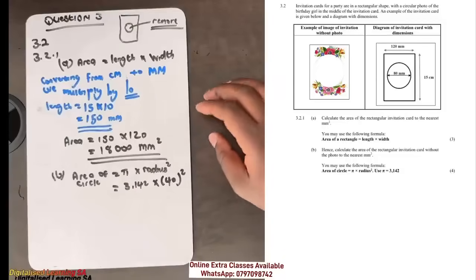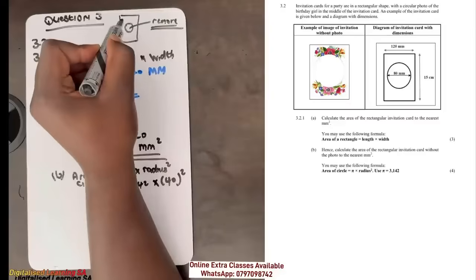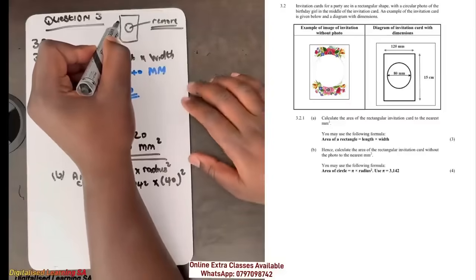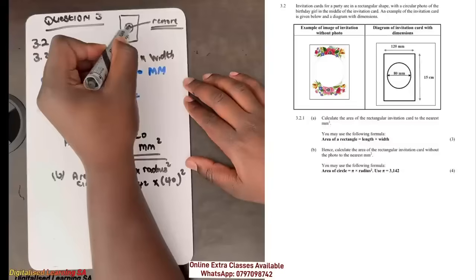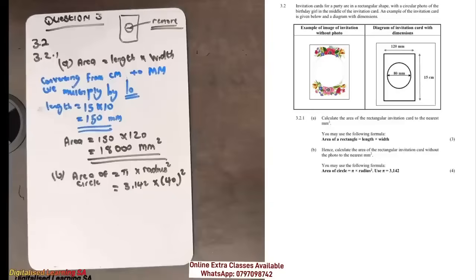If you look at the photo in between, you can see that we are given its diameter, and its diameter is 80. To get the radius, you divide the diameter by 2.